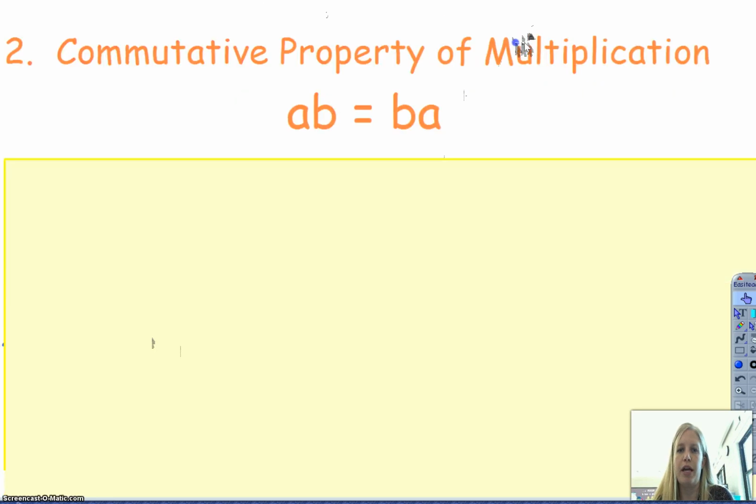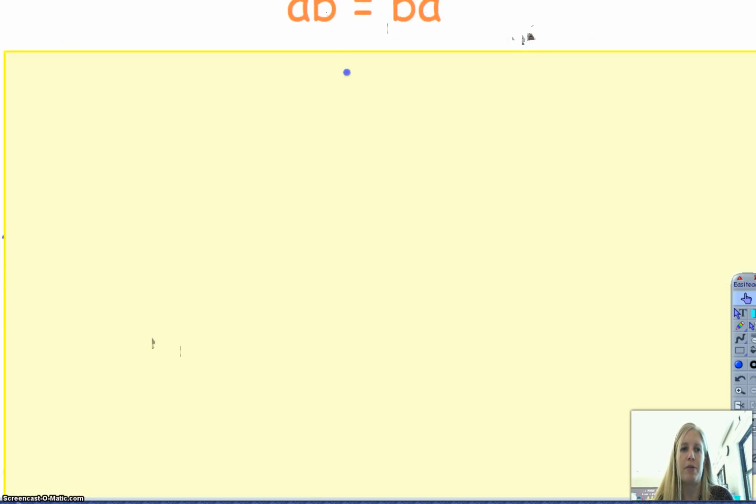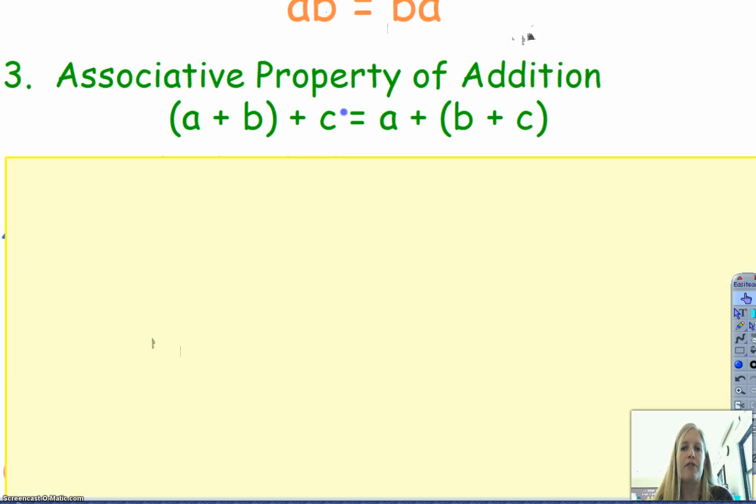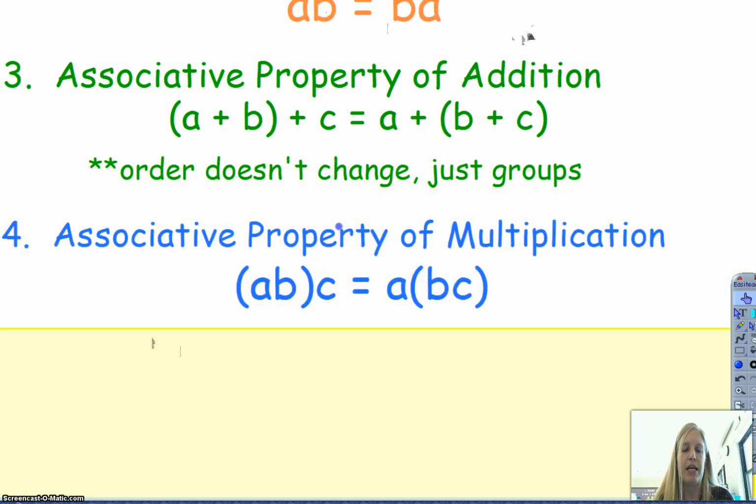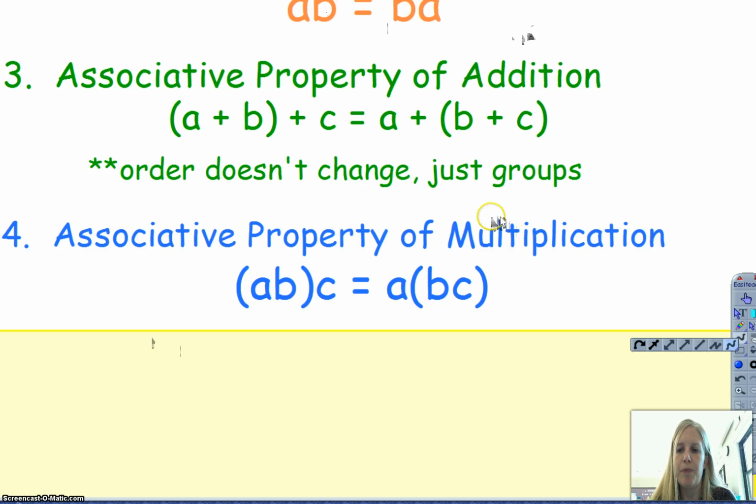Okay, 3 and 4, you've probably already heard of as well, are the associative property of addition and the associative property of multiplication. So now, when you're doing this, and if you notice I put it with an asterisk, order doesn't change.